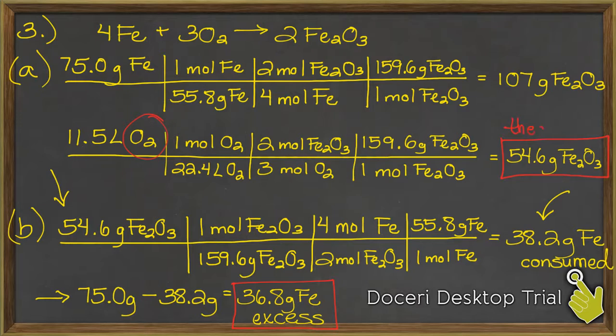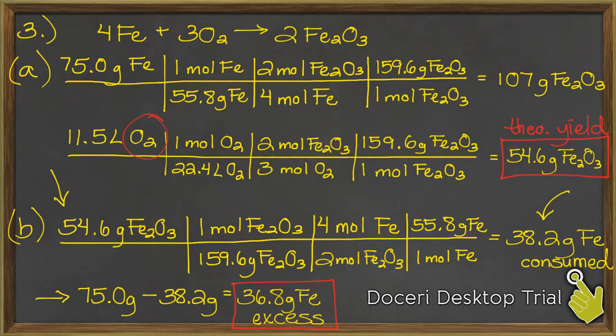This number that I have in a red box here is my theoretical yield. When you do a limiting reactant calculation, your smaller amount of product is the theoretical yield. So I already have my answer for letter C.